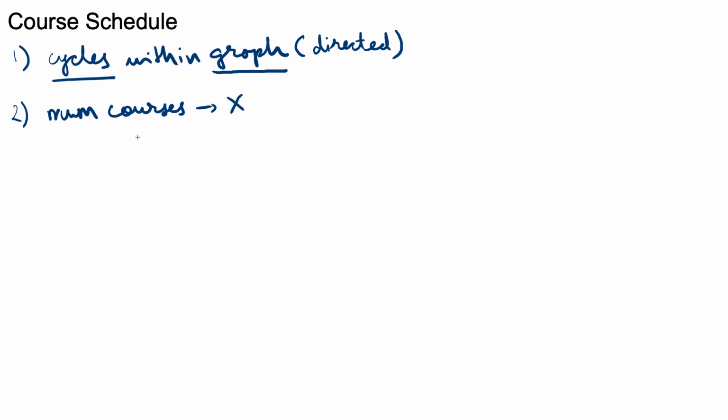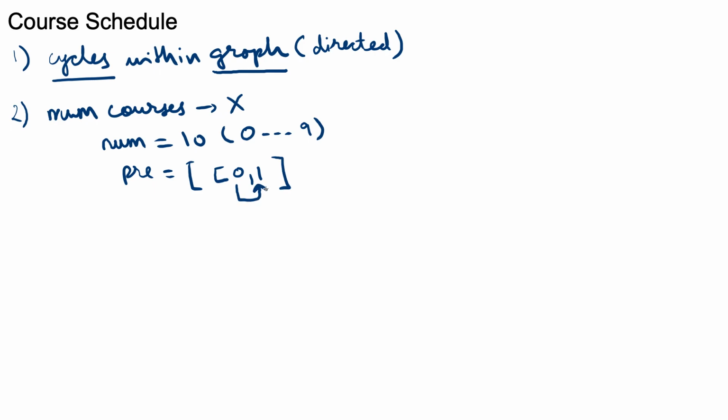By this I mean that, for example, if you are given the number of courses equal to 10, which means your courses are numbered from 0 to 9, and you have a prerequisites array which has just one prerequisite saying that course 0 is dependent on course 1, you can solve the problem just by looking at the prerequisites array and not at the total number of courses. If the prerequisites do not cover all the courses, then you don't need to look at those courses. You need to look only at the courses covered by prerequisites.